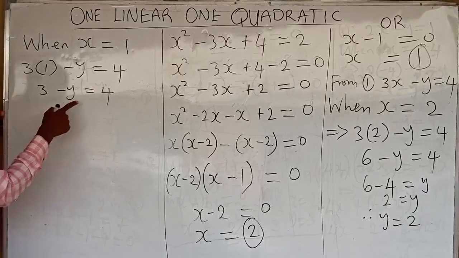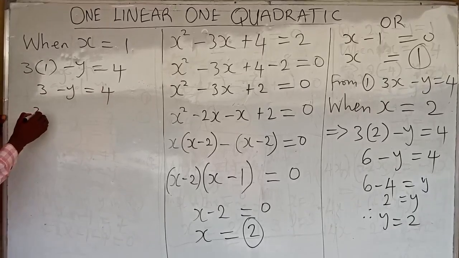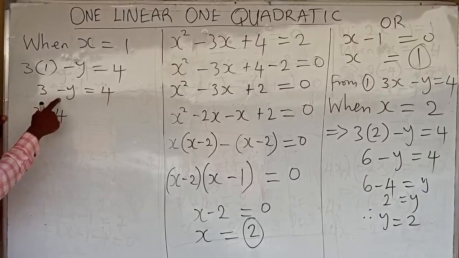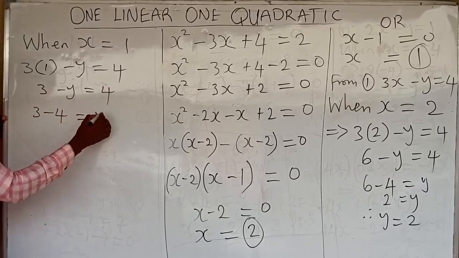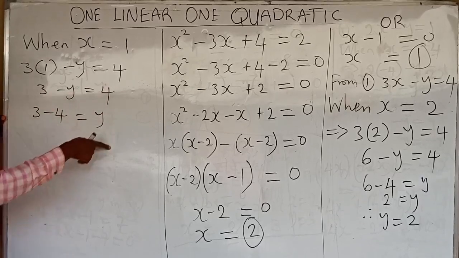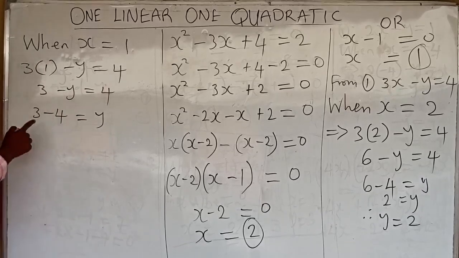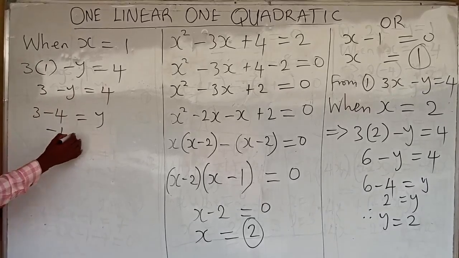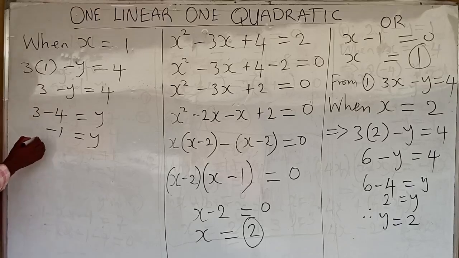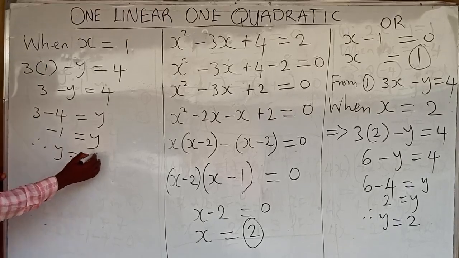So collecting like terms, this is 4, bring it inside, it becomes 3 minus 4. This is minus y, take it outside, it becomes y. So 3 minus 4 will give us minus 1 is equal to y. So therefore, y is equal to minus 1.